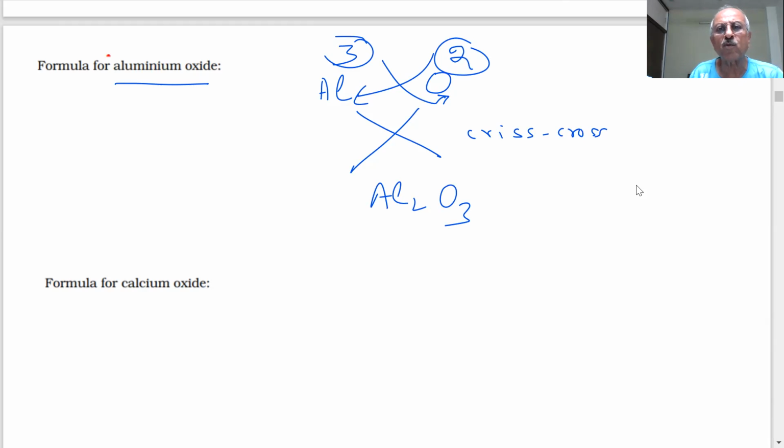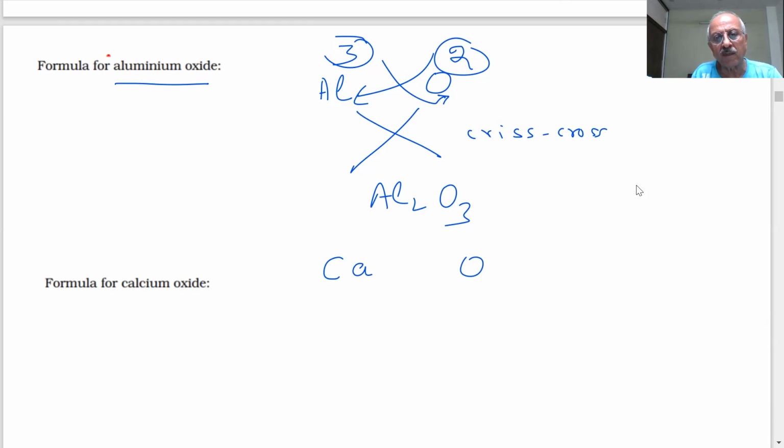Is it difficult to write, students? No, sir. Okay. Write the formula of calcium oxide. I am giving you 1 to 2 minutes. Do it, students. Calcium and oxygen.